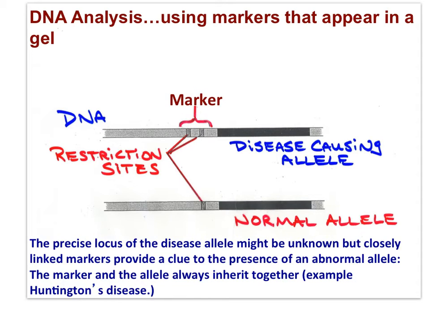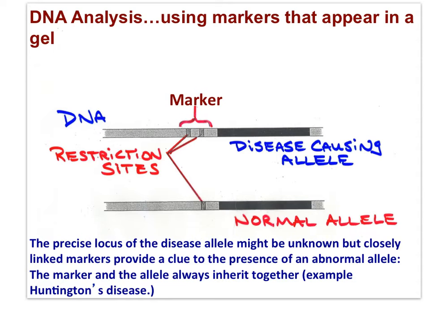The repetitive sequences just upstream of the disease allele are different than the repetitive sequences just upstream of the normal allele. Since the repetitive sequences differ, the cut sites differ, and the fragments produced would also be different. Thus, the analysis of a gel would show these fragment differences as different bands.